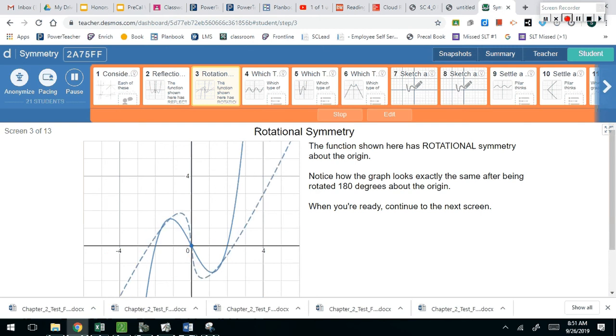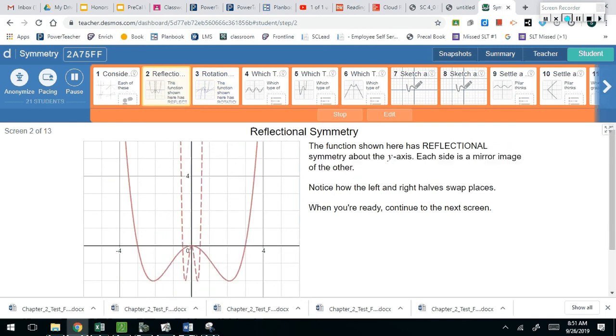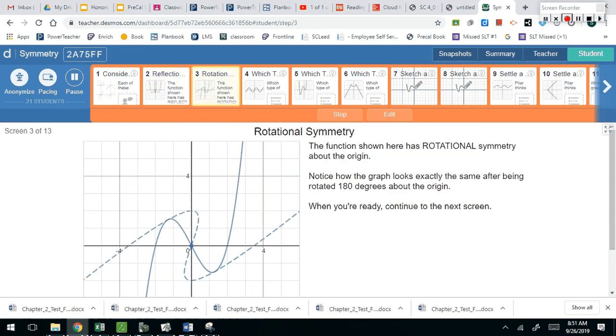You wish you could see it actually move? So that's an odd function, because if you rotate it around, that's what it means to be even or odd. So we got odd and we got even. It's got to be the y-axis and the origin.